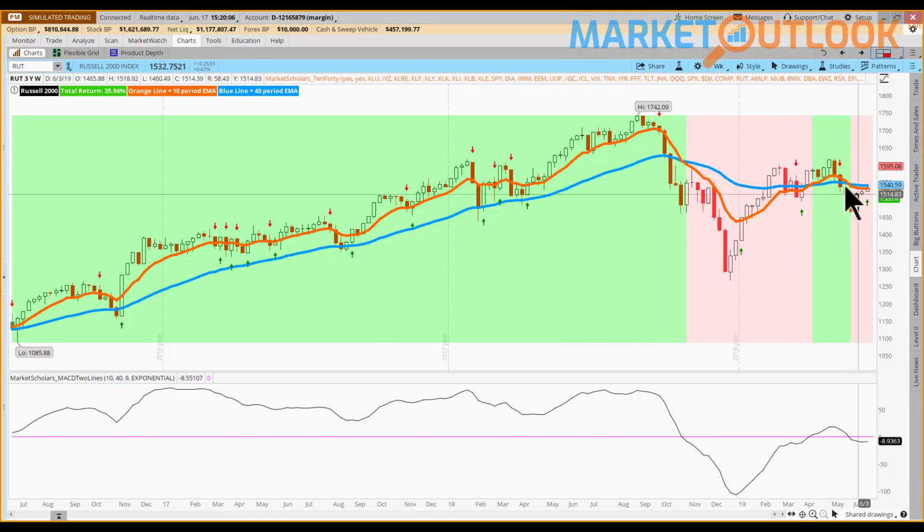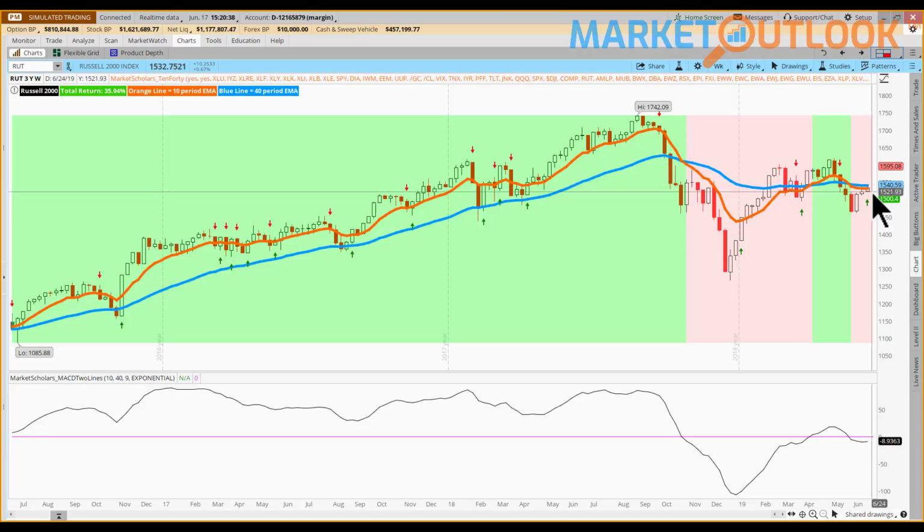But there are some little green and red arrows that will also show up when price crosses above one of those moving averages, just to give you a heads up that we are starting to see a movement back in a different direction with a little bit more velocity than you might have expected. So while right now we do have a bearish crossover with the Russell 2000, we're on high alert because we've had 3 nice weeks thus far on the Russell 2000, and it is possible we could get another bullish crossover fairly soon.